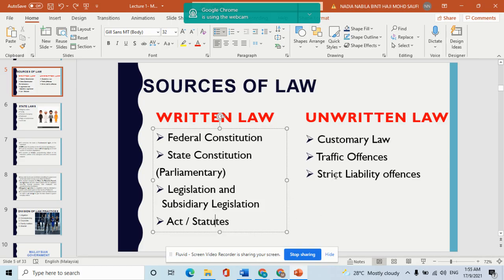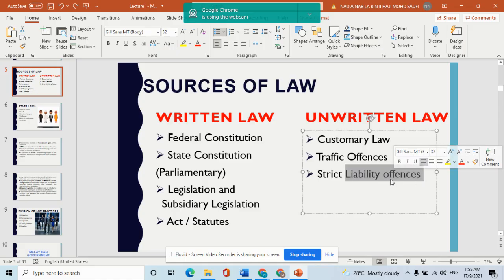If something happened in the company, who would the third party look for, or who would be held responsible for this liability or offense? Strict liability means that without having to look into who actually committed the offense, the law would look further into who is responsible in that current place.